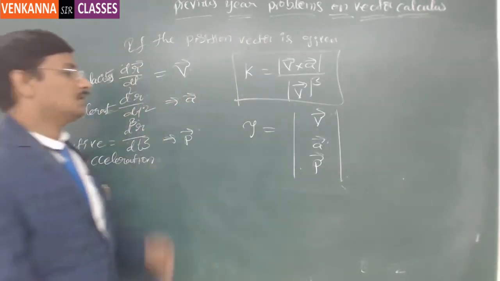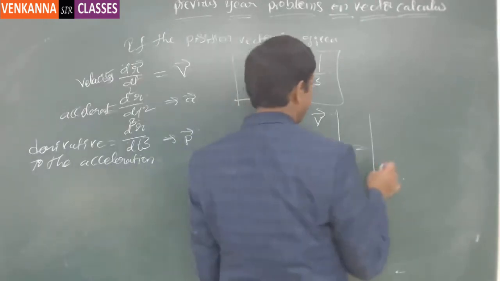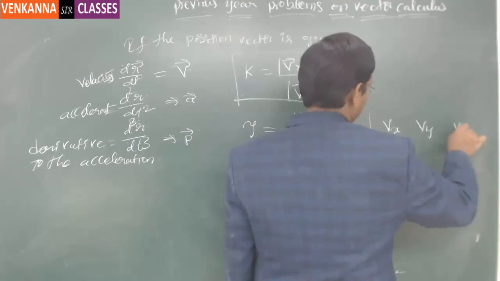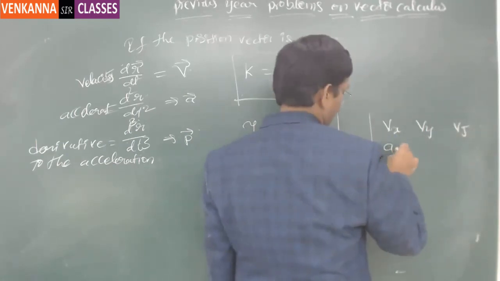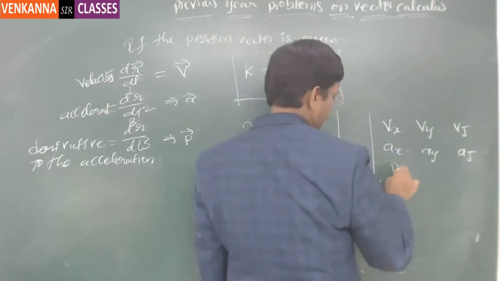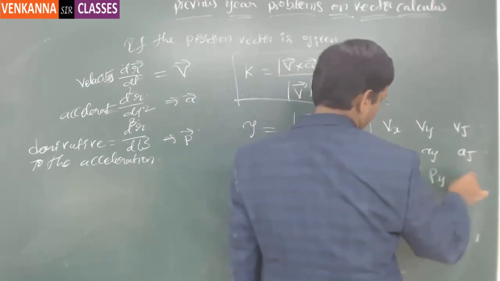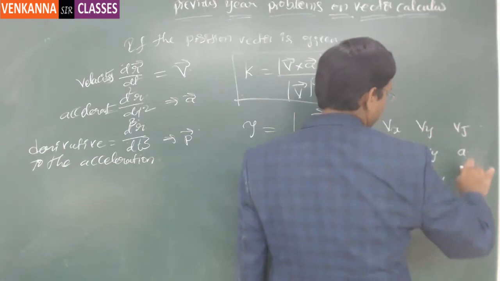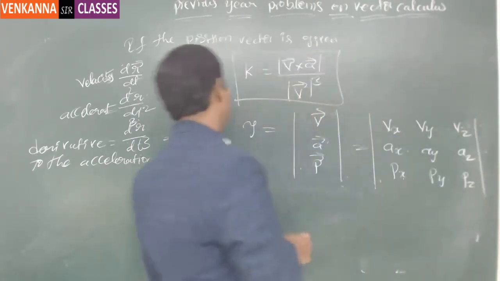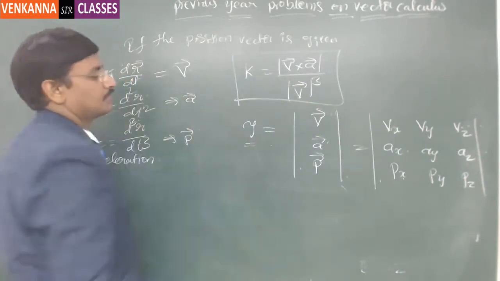So I call this Vx, Vy, Vz, and similarly Ax, Ay, Az, and this is Px, Py, Pz. Now this determinant value straight away will give the torsion magnitude.